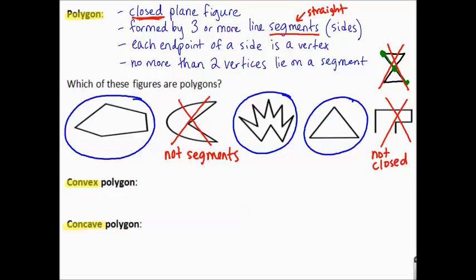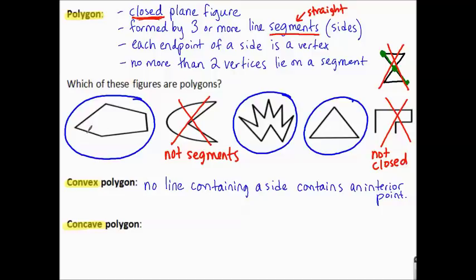So what is convex versus concave? Convex is defined as the following. No line containing a side also contains an interior point. What does that mean?